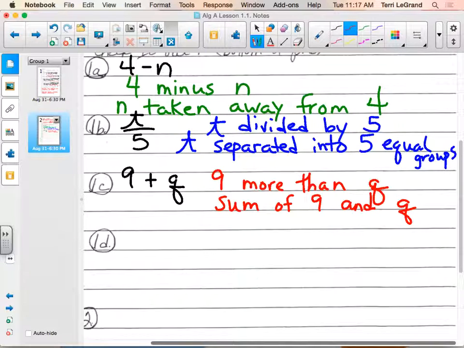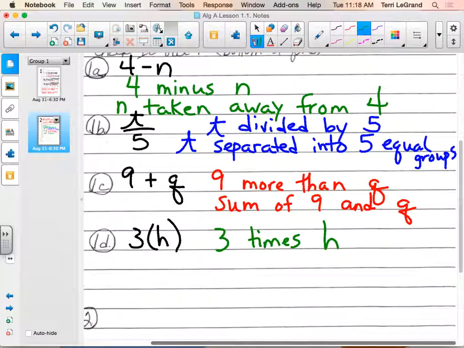And the very last one that we have is 1D, and it's got that 3, and then it's got parentheses, and then it's got an H. 3 parentheses H. 3 times H. Okay, there's a good start. That's what that means. 3 times H. Noah? Give me another one. Calvin, help him out.